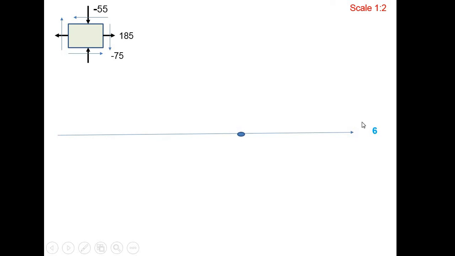So first draw the x-axis. We are going to plot normal stresses on the x-axis. Then draw the vertical axis. We are going to plot shear stresses on this vertical axis. Then plot a point from O, that OA distance equal to sigma x, that is 185, but we are using the scale 1:2, so we are taking a distance equal to 185 by 2, that is 92.5.